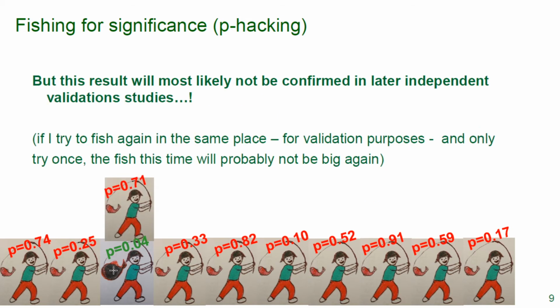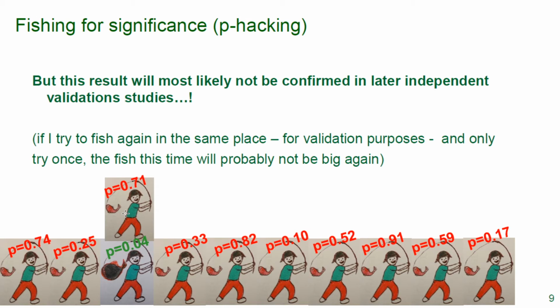Now imagine what happens if he tries to validate this statement by trying again in the same place to catch a big fish the following day. Of course, the fish this time will probably not be big again because it was just the result of chance, it was just a false positive. So he's very likely to get a small fish this time.